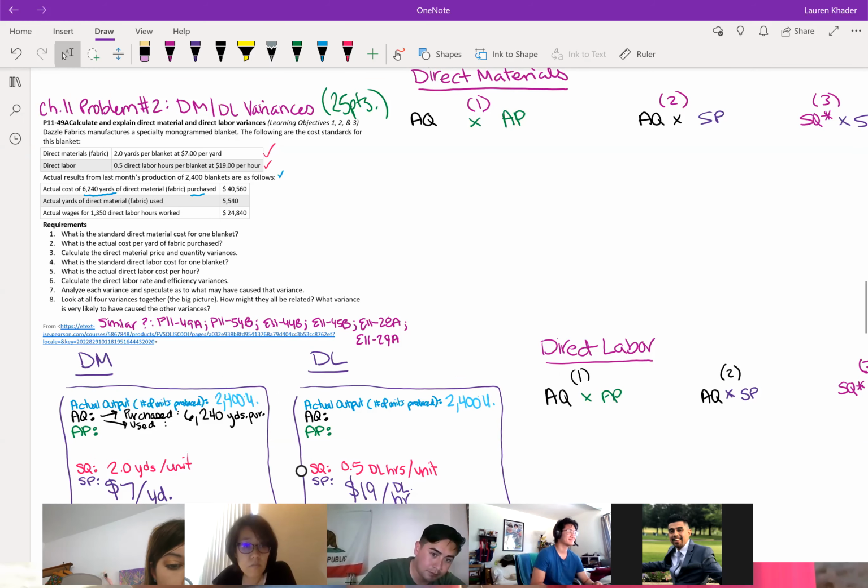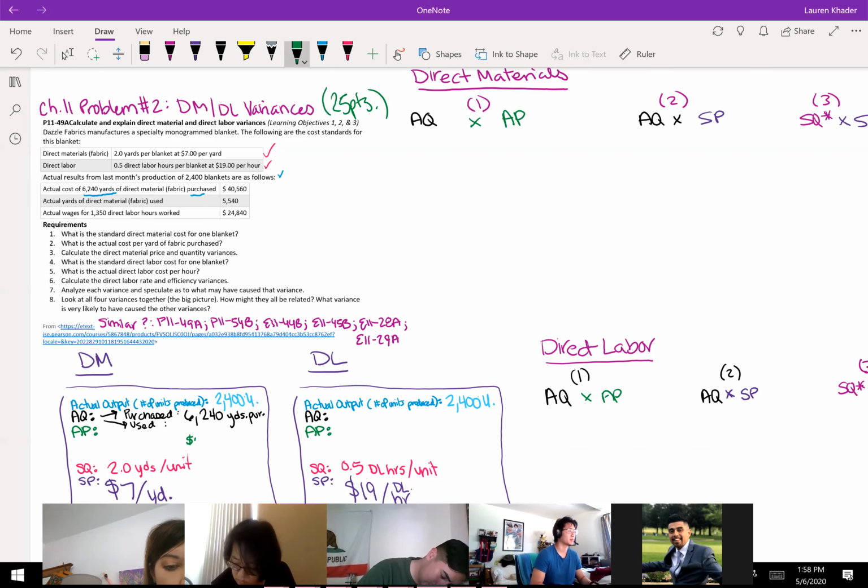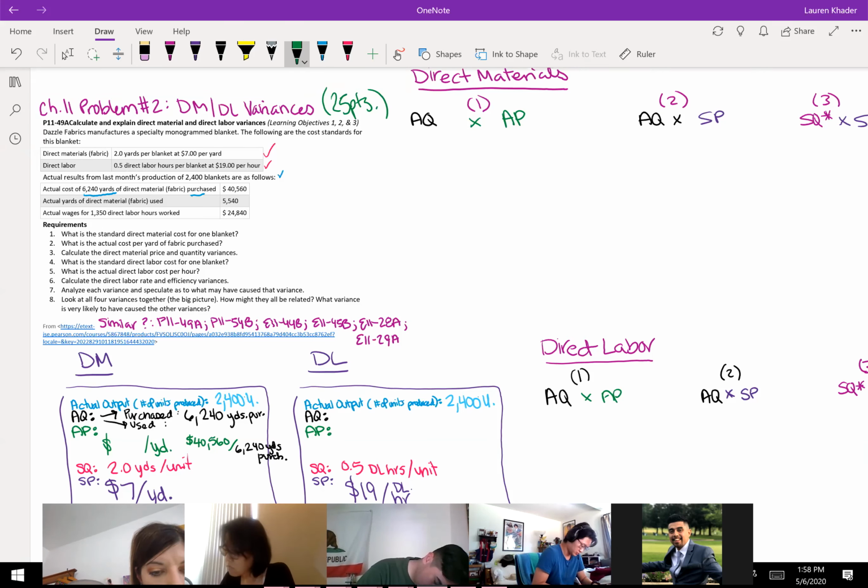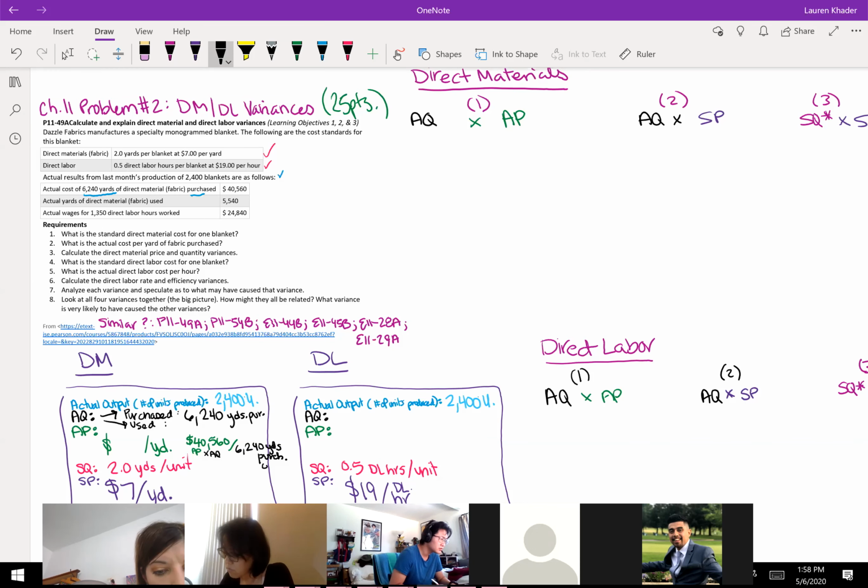Okay, so we're going to take our 40,560 total cost for those yards divided by 6,240 yards purchased, to get what price per yard as our actual price paid per yard. $6.50 per yard. $6.50 per yard, correct.